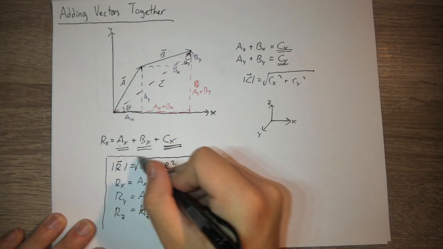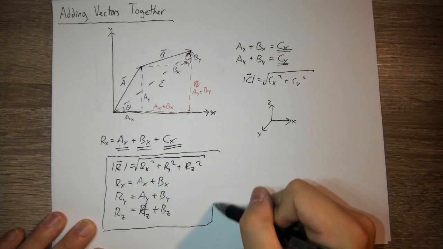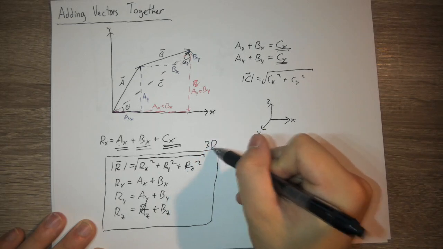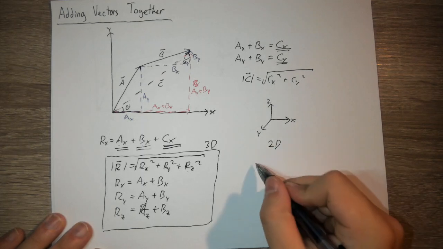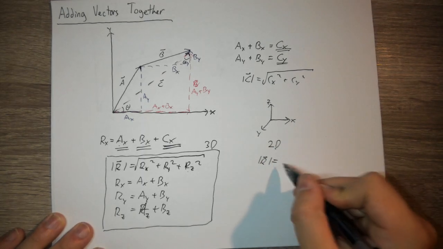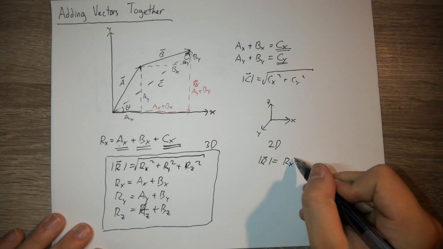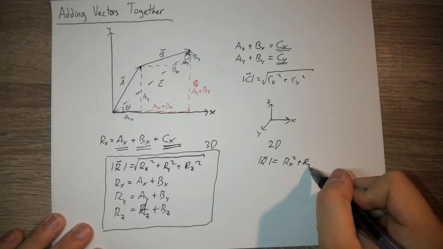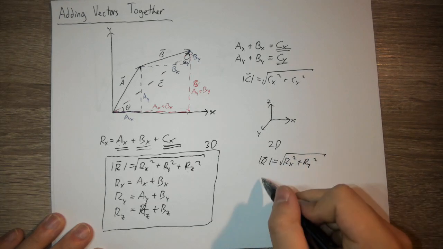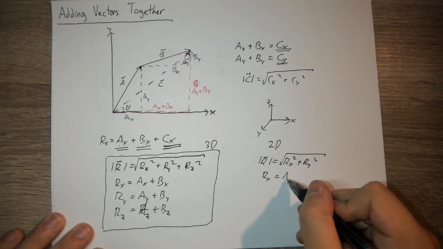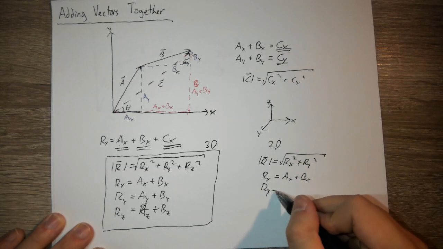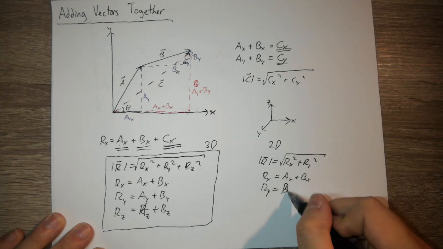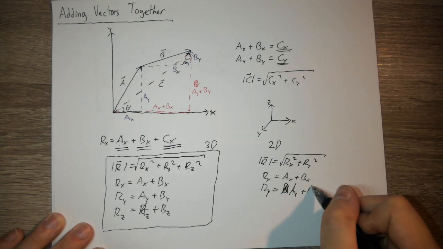These are your four equations in 3D. But for 2D, like we have, you have your x resultant plus your y resultant squared, and then you only have two equations, ax plus bx and ay plus by.